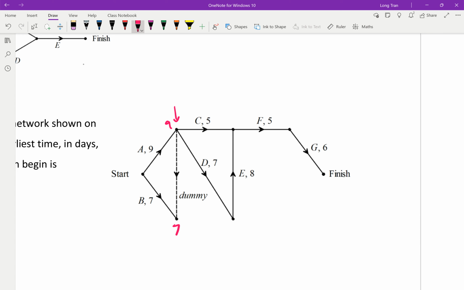This one's 7. 9 plus the 7 will give me 16. 16 plus 8 gives me this point 24, isn't it? Whilst 9 plus 5 gives me 14, but that's not what I want, as it's the smaller value.